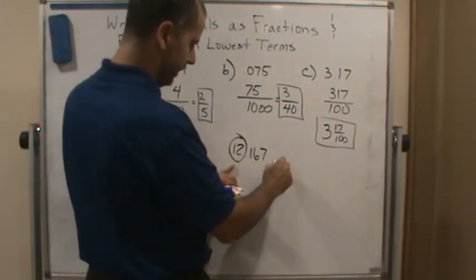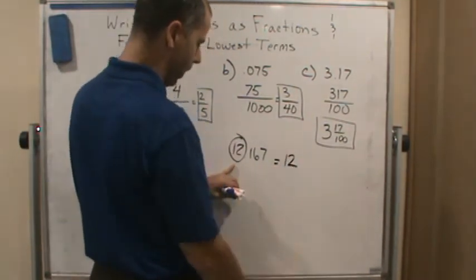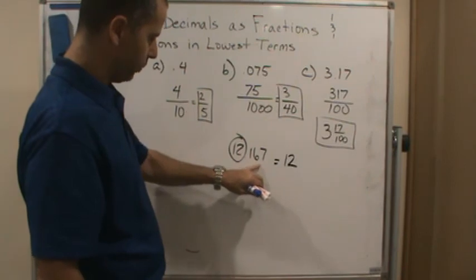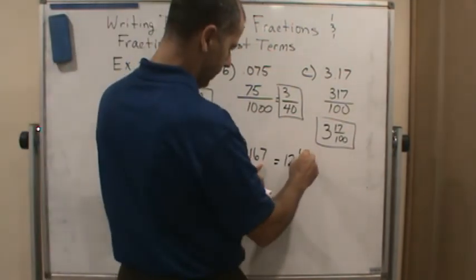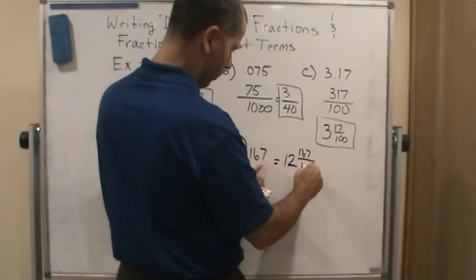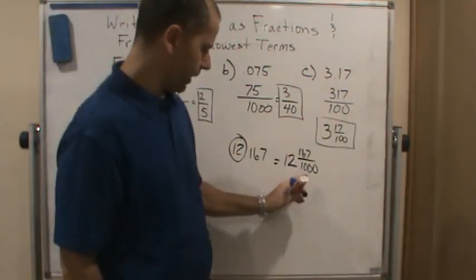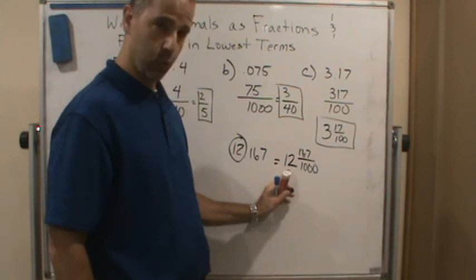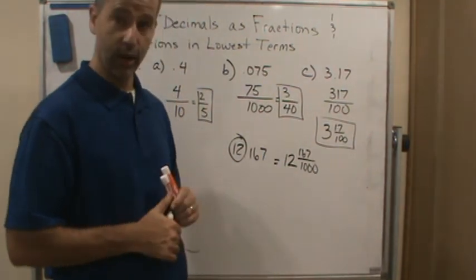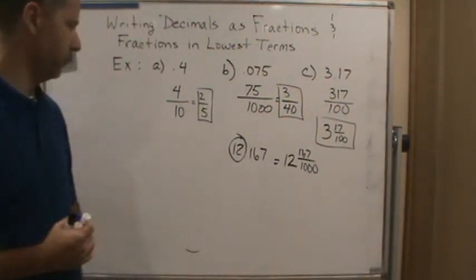So I can immediately say that there's going to be 12, and now I can just deal with this part, and this is 167 over what? 1,000. And then I could reduce this part, and the 12 just gets carried along. Okay, so that's another way to do that one.